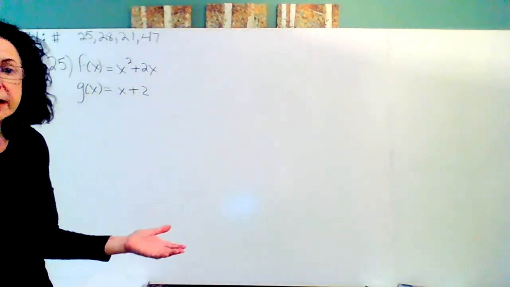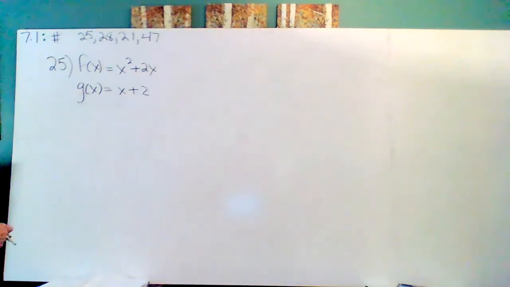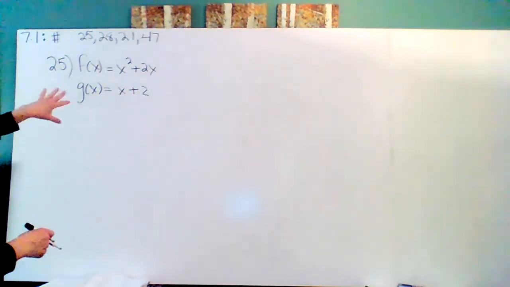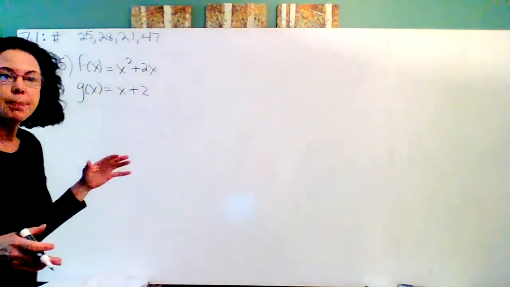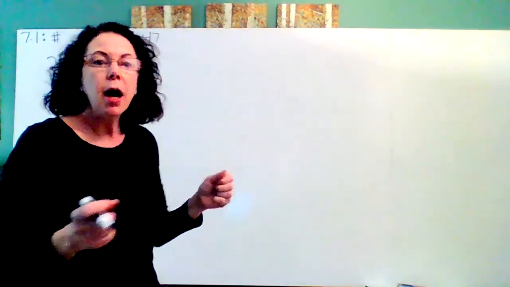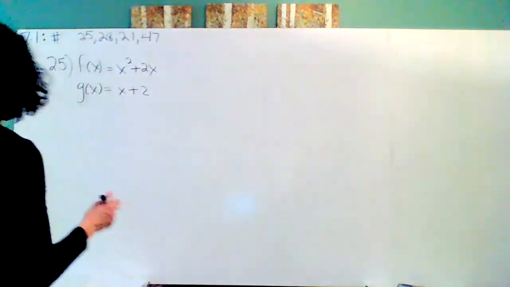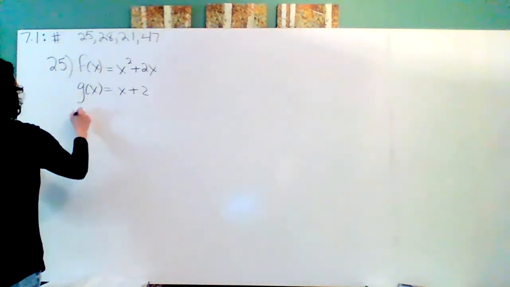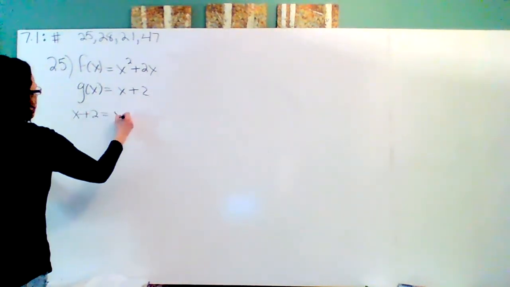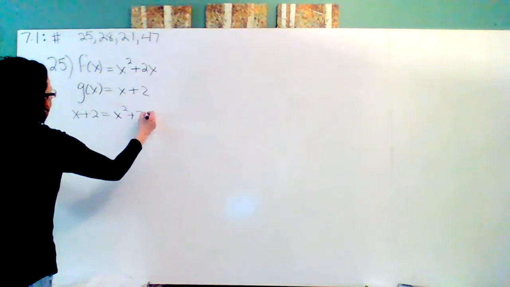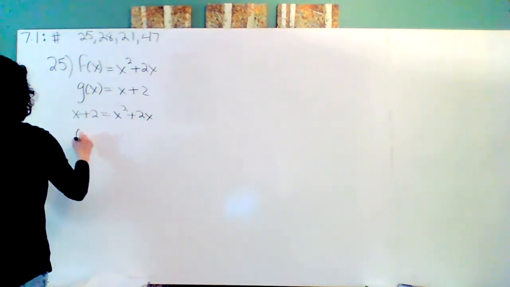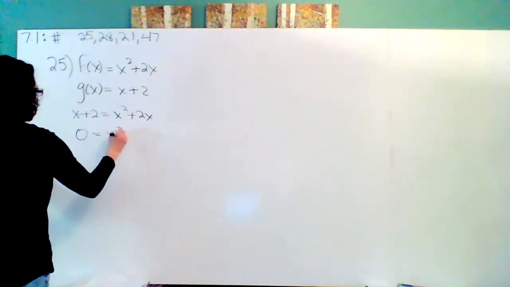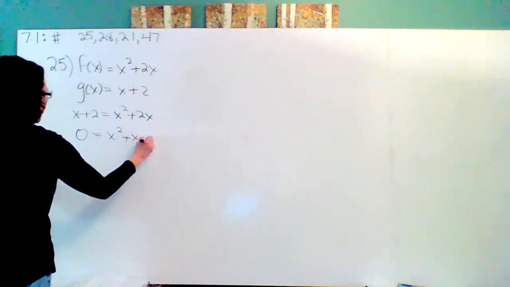Let's do it and see that that happens. First of all, I need to know where these 2 functions bind themselves, between two x's. So x plus 2 equals x squared plus 2x. I will get everything to the right. That would be x squared plus x minus 2.